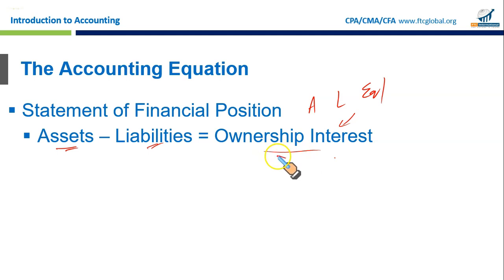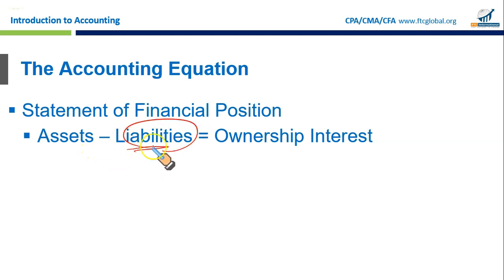So basically this is ownership interest, also called residual claim. It means that once all creditors' liabilities have been paid, the remaining assets, whatever is left, belongs to the owners or shareholders or proprietors or partners for that matter.